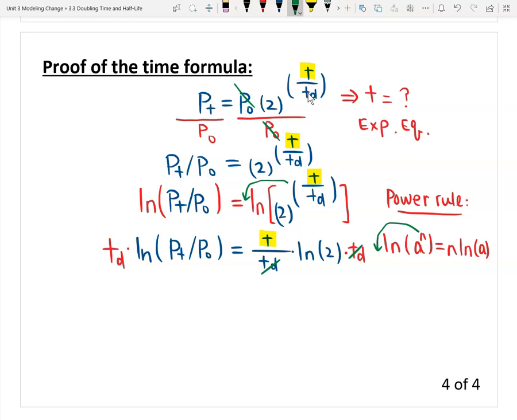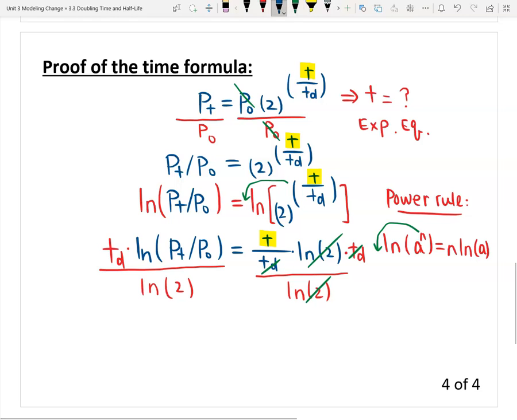Now, we still need to solve for t, right? We don't need the ln of 2 there, so I divide both sides of the equation by ln of 2. So I cancel this one. See, we have solved for t.